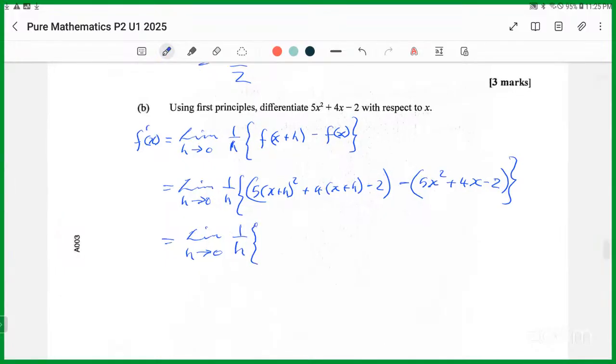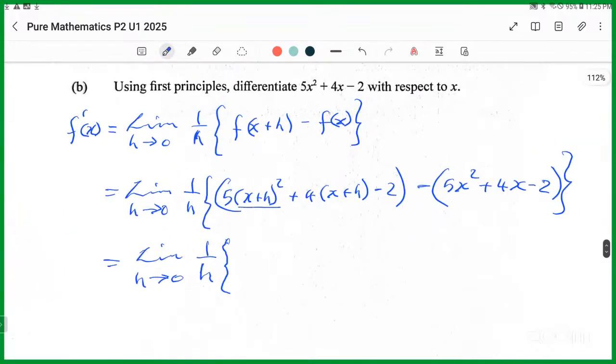into, when we expand this first and multiply each term by 5, I'm going to get 5x squared. I would have had the square of x plus h, which is 2hx, multiply that by 5 and you will get 10hx. And this one would have been h squared times 5, which will be 5h squared.